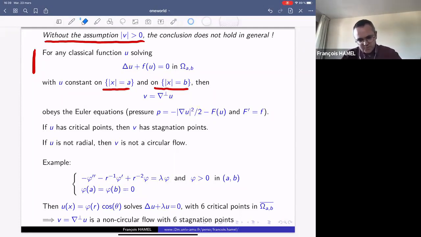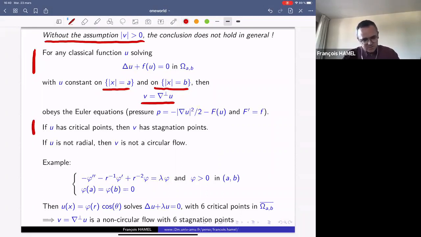Then if I define V to be the orthogonal gradient of U, V is automatically divergence free, and it also obeys the Euler equations with a pressure P which is given explicitly in terms of U. This is true for any such solution U of this type of equation.